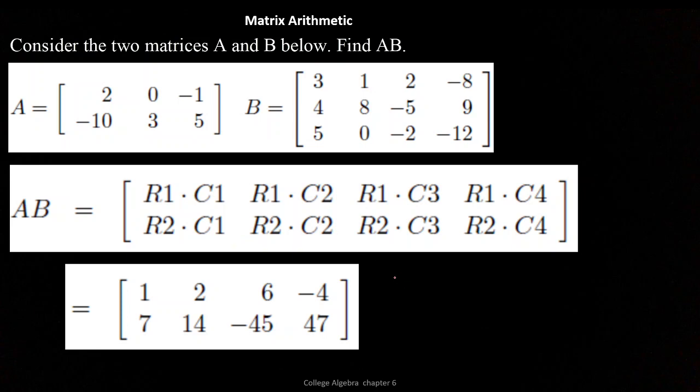For example, let's say you're managing an apartment complex, and let's say this matrix has south location, north location, and east location, and each location has 1-bedroom apartments, 2-bedroom apartments, and 3-bedroom apartments. Let's just put some numbers here, right?